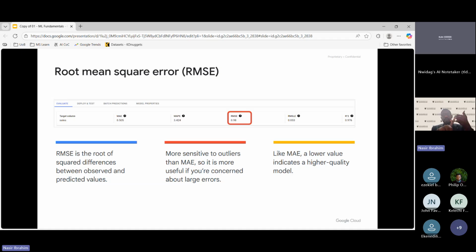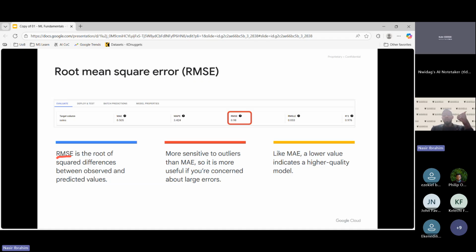So let's start with the regression. Because the output is a continuous value, the metric for evaluating the performance of your model is either the mean square error, or the root mean square error, which is basically taking the square root of the mean square error, so the square difference between the observed and the predicted value.